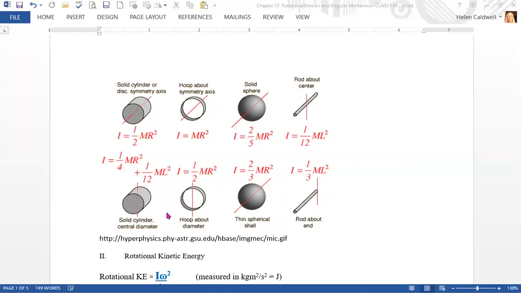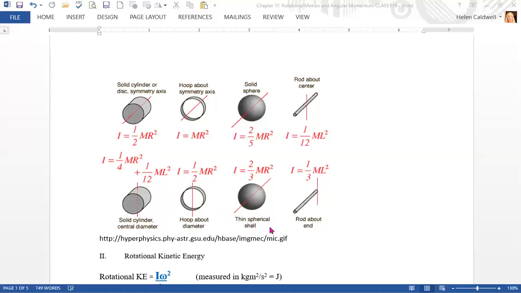The hoop about the diameter, well, it's the same hoop as the bicycle wheel, but now it's spinning. They make round vanes that go on the tops of commercial buildings where they'll spin around and around.